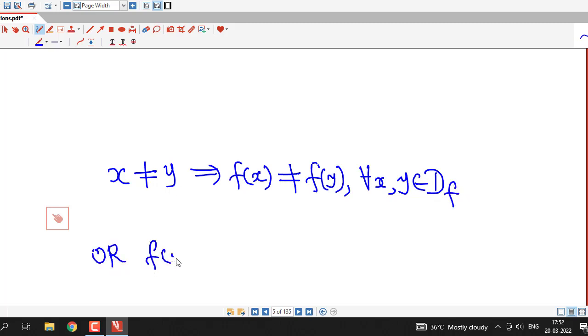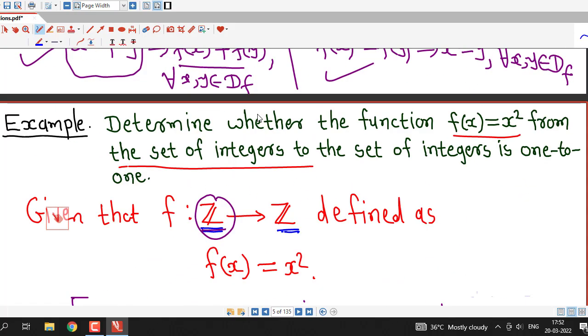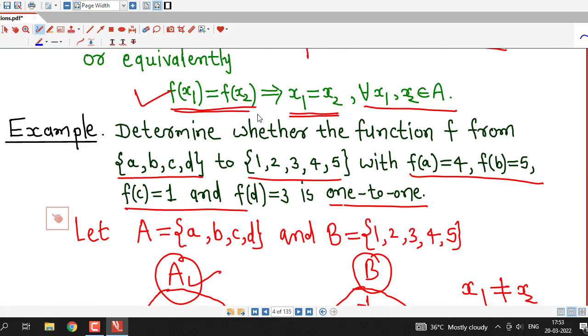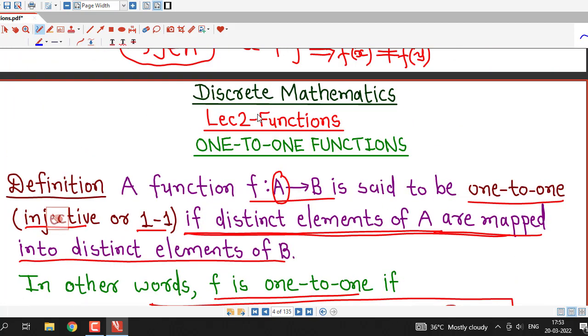Or we can prove in this way: f(x) equal to f(y) implies x equal to y for all possible values of x and y in the domain of f, then also f is one-to-one or one-one or injective. So remember this definition. Sometimes they can ask you to check whether given function is one-to-one or injective or one-one.